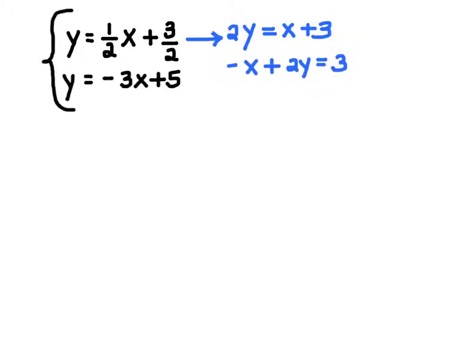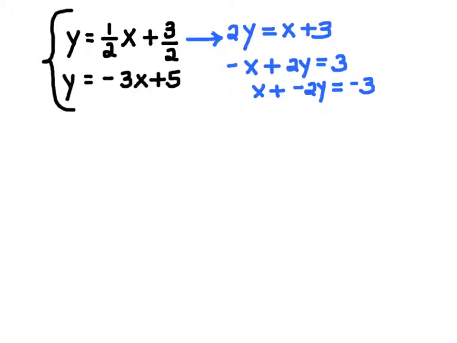There's one stipulation to standard form, however. A must be positive. So I need to multiply everything here by a negative, and that will give me x plus a negative 2y is equal to a negative 3.